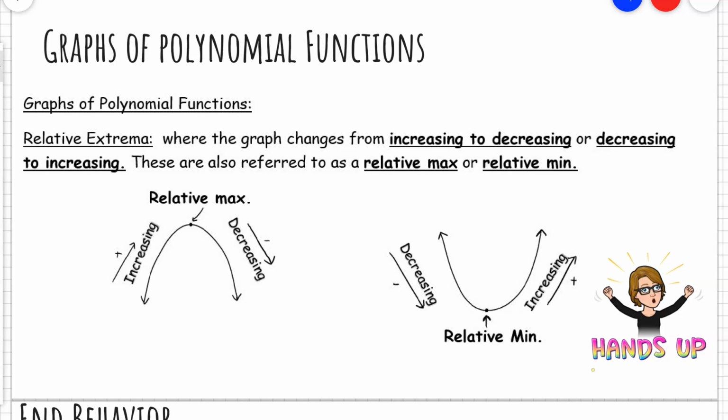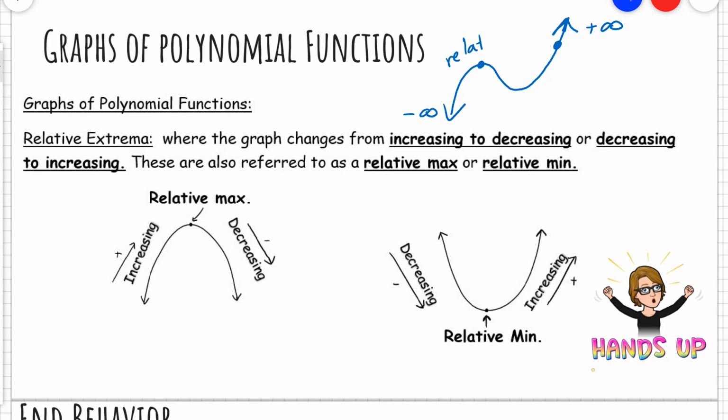Because remember, with polynomials, we're going to end up continuing on to infinity at the end behaviors. So this would be the ultimate maximum. We don't really use the term ultimate maximum, but technically this point value would be higher than our relative maximum here.